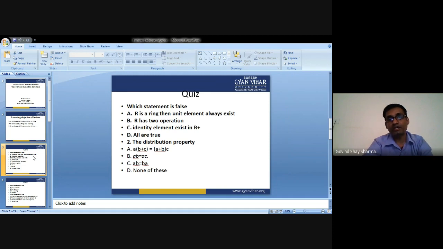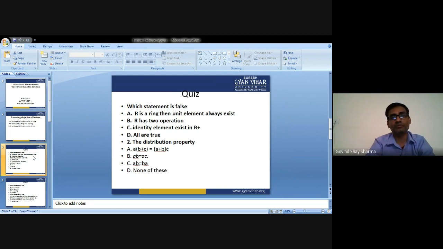Identity element exists in (R, +). This is definitely true because (R, +) is a group. So the first one, R is a ring with unity, then a unit element always exists. The word we use is always, so this is false. If the word always is not used, then we can say it may be used for R with unity.